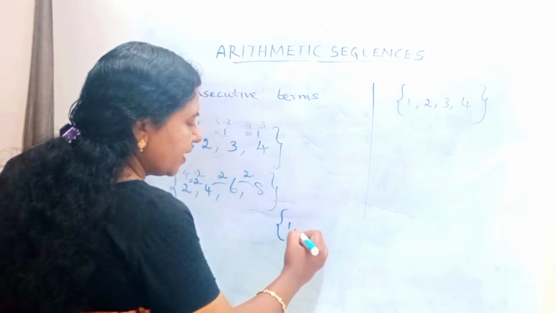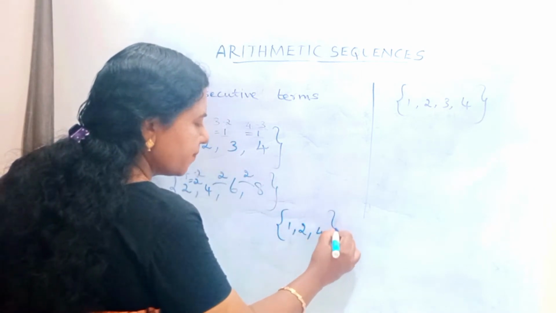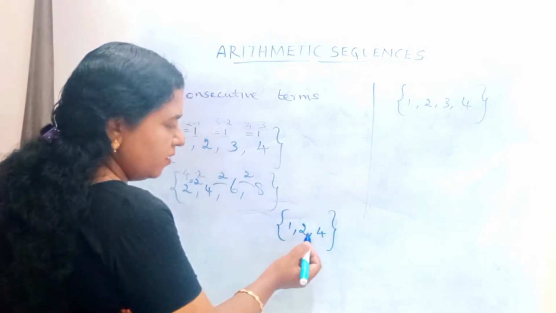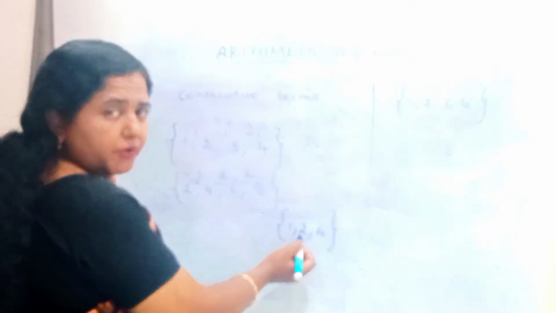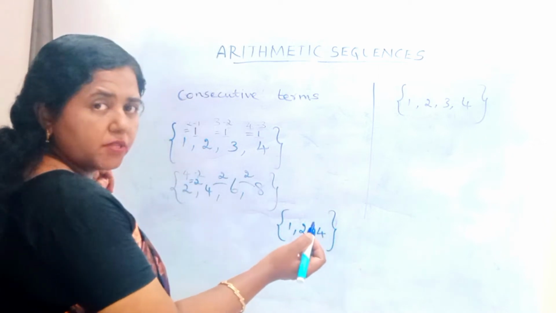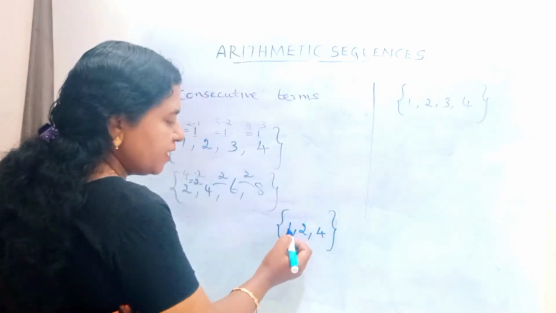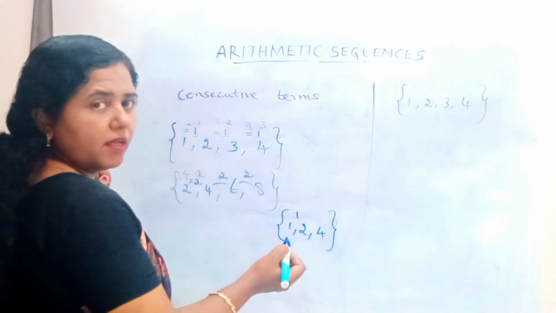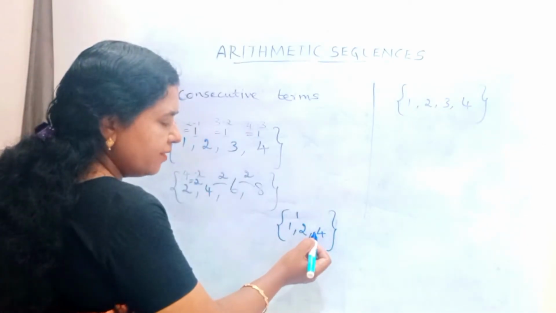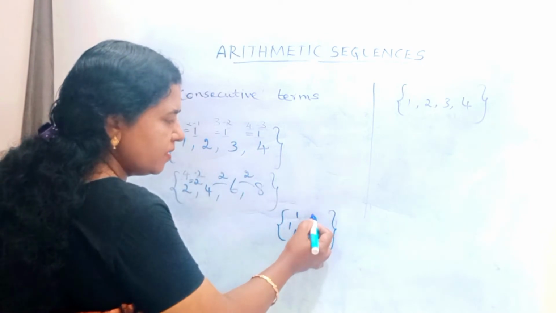Now if we consider this sequence, here it is 1, 2 and 4. So 1 and 2 they are consecutive terms and 2 and 4 they are consecutive terms. Now here the difference between the first and the second term is 2 minus 1, so it is equal to 1. Coming to the second and third, the difference is 4 minus 2, so it is 2.